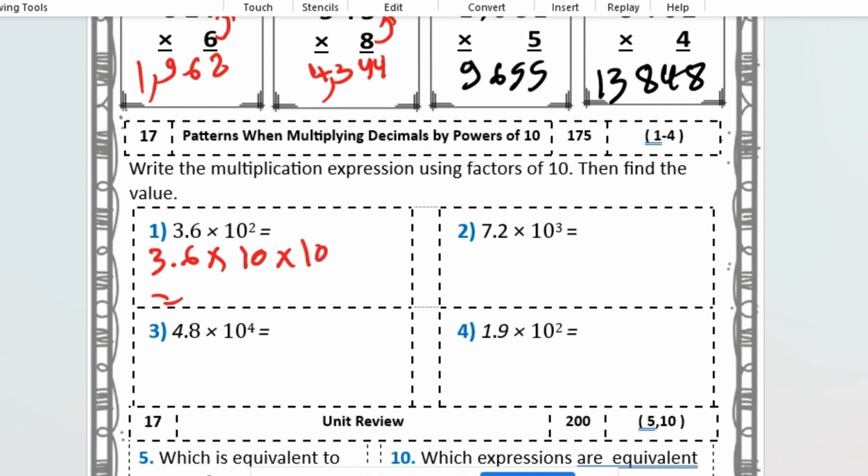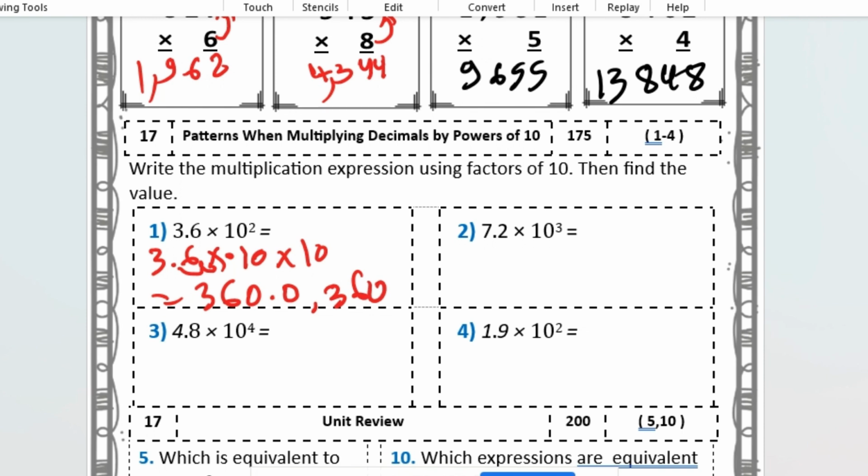This should equal what? We move the decimal 1 unit to the right for each 10, so we have 2 tens, so we move it 2 units. 1, 2. So it's here. So the answer should be 360.0 or 360. Both answers are the same.